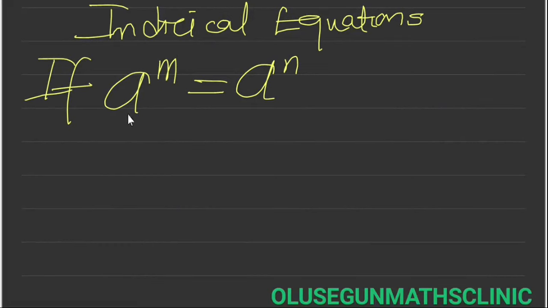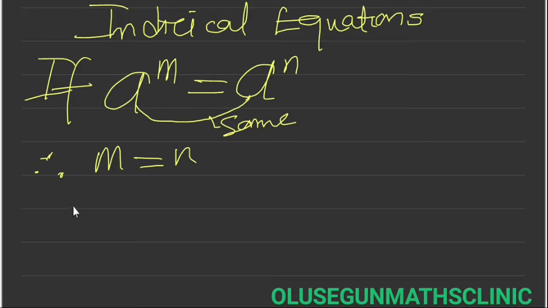If a raised to power n is equal to a raised to power n, you observe that these are the same. Since the bases are equal, therefore n is equal to n.